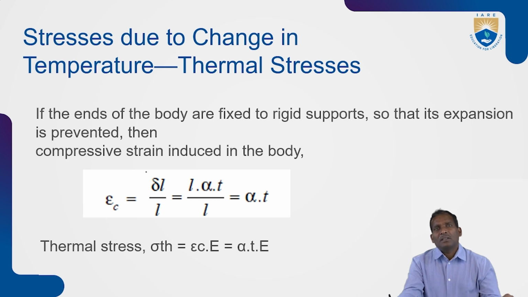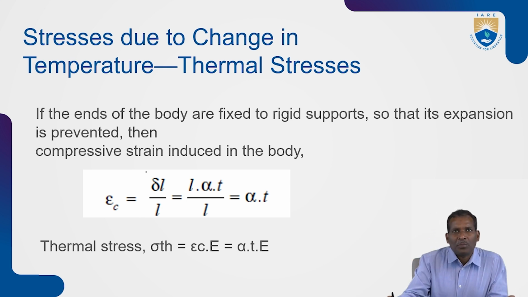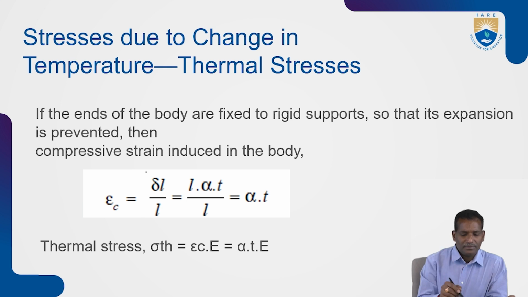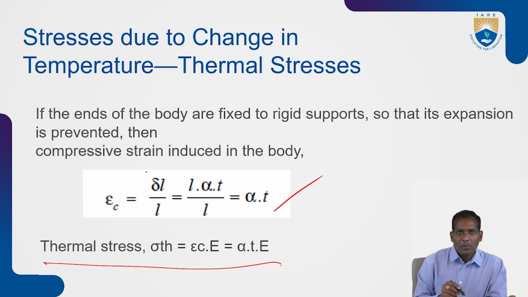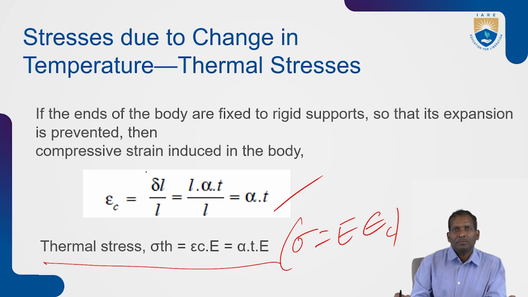The compressive strain is delta L by L, that is L into alpha T by L, so we get alpha T. So thermal stress, applying Hooke's law, sigma is equal to E into compressive strain. Here strain is equal to alpha T, so sigma is equal to alpha into T into E. You can write it like this.